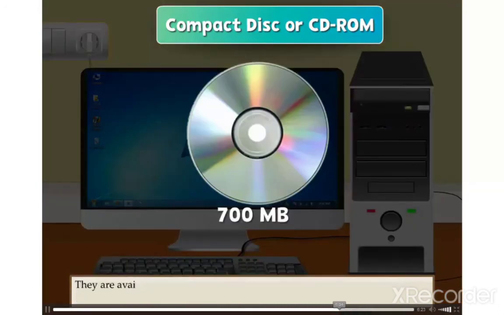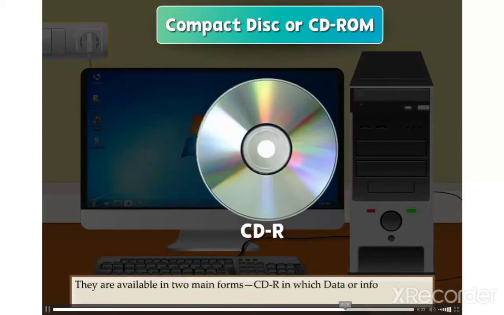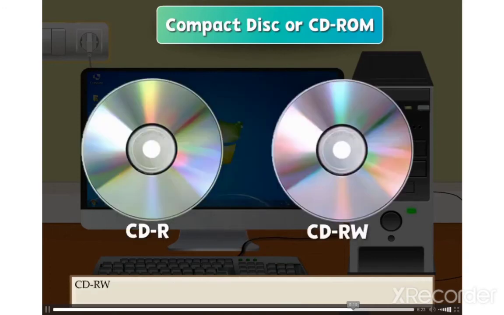They are available in two main forms: CD-R, in which data or information once written cannot be erased, it can only be read, and CD-RW, in which data or information can be erased and written as many times as required.